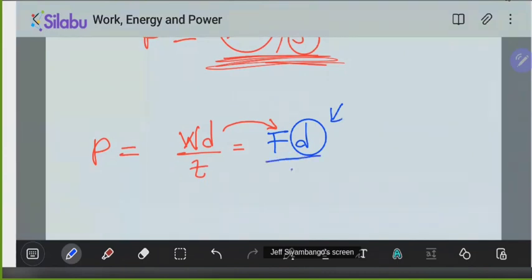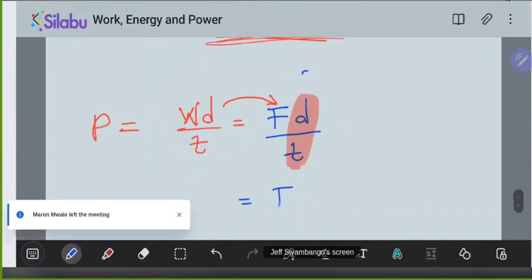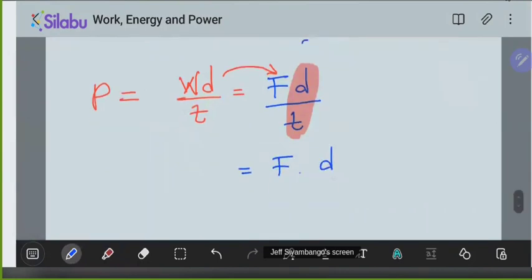So this numerator part is work done. The denominator is time. But what I want you to focus on is just these two parts here. This expression can be written as force on its own, multiplying the d, the displacement, divided by the time.